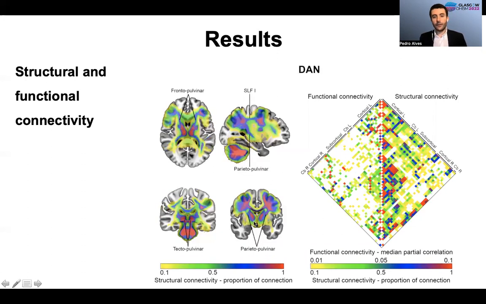In DAN, the structural connectivity map was also not only composed of the typical dorsal association fibers, namely the superior longitudinal fasciculus, first branch, but also of projection fibers, namely the frontopulvinar, the parietopulvinar, and tectopulvinar fibers.